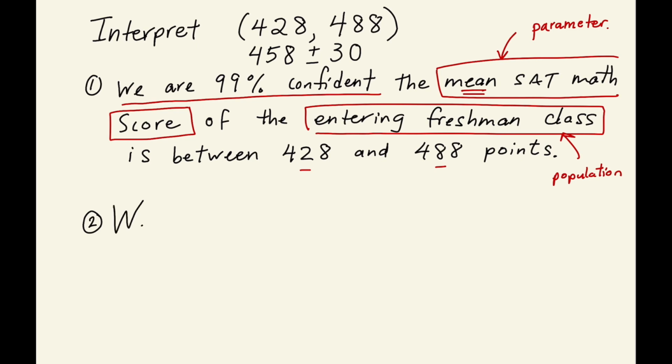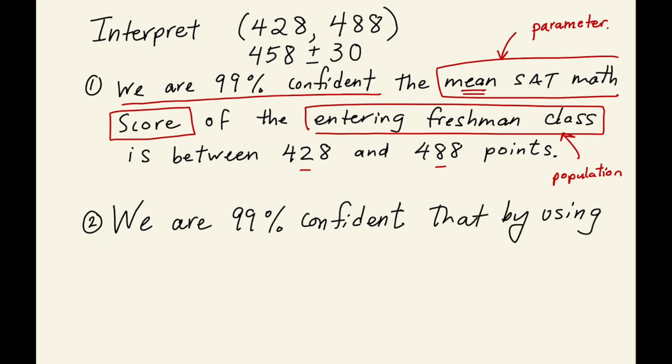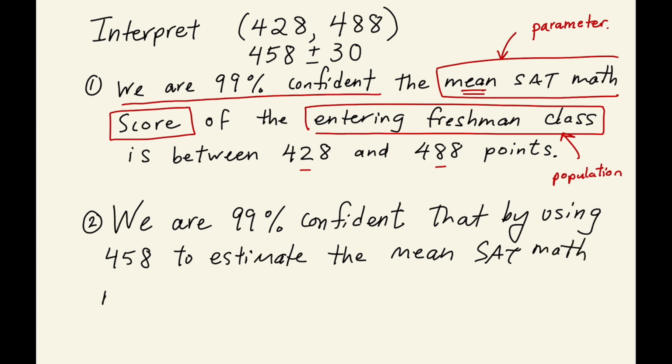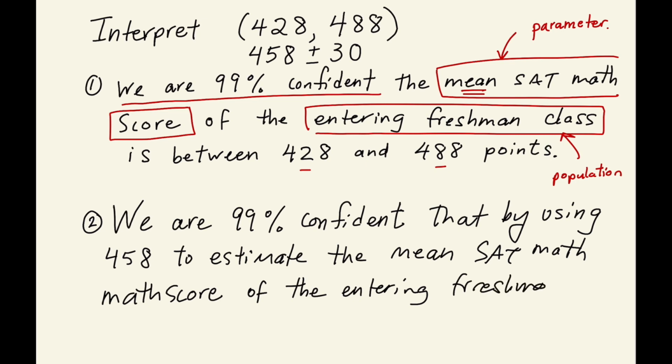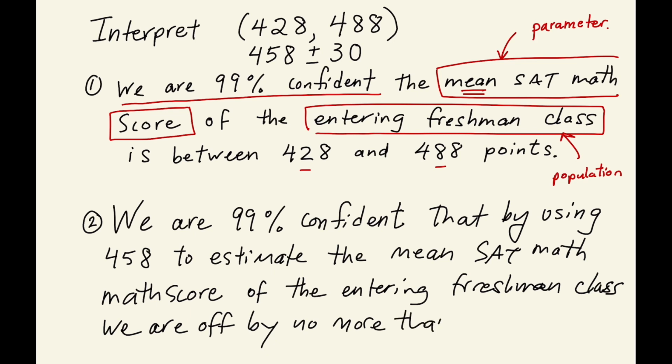Again, I'm always going to start with we are 99% confident that by using 458 to estimate the mean SAT math score of the entering freshman class, we are off by no more than 30 points.